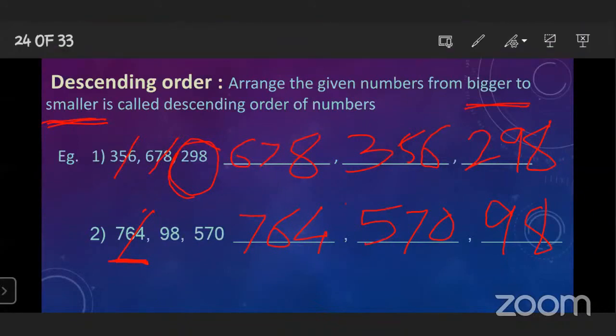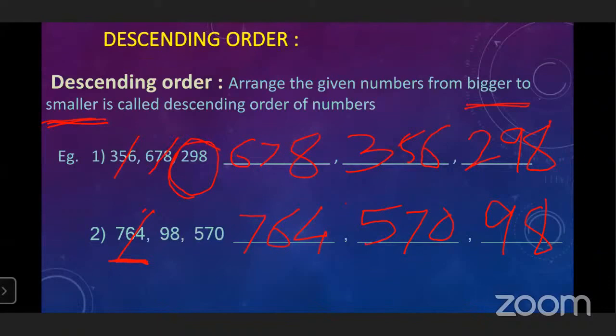Ascending means we have to arrange the numbers from smaller to bigger. And descending means what? Bigger to smaller. The given numbers we have to arrange from bigger to smaller. Okay, understood?